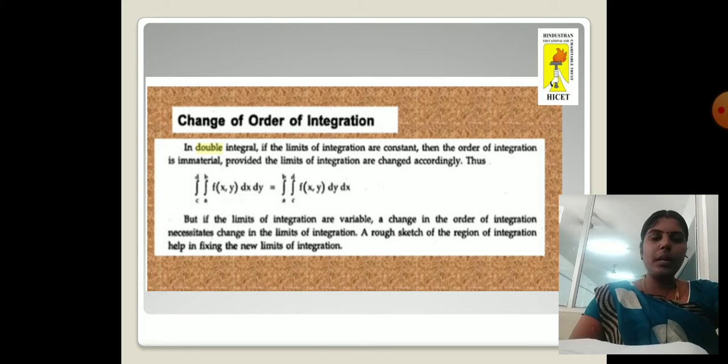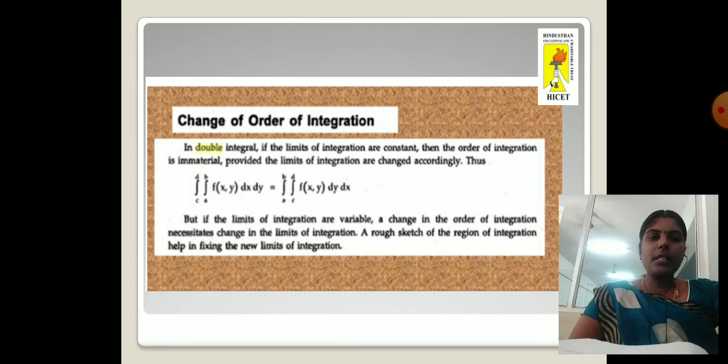Next, the main definition of change of order of integration. In a double integral, if the limits of integration are constants, then the order of integration is immaterial, provided the limits of integration are changed accordingly. Then the double integral from c to d, a to b of f(x,y) dx dy is equal to the double integral from a to b, c to d of f(x,y) dy dx.